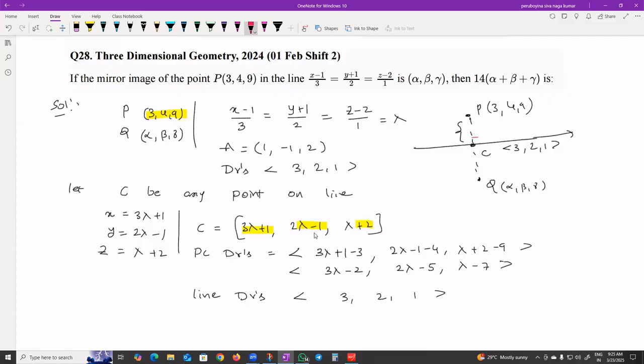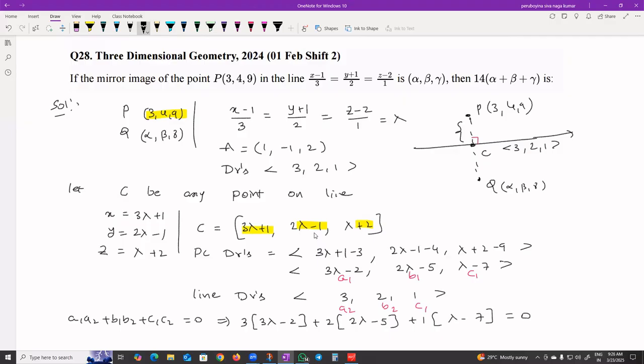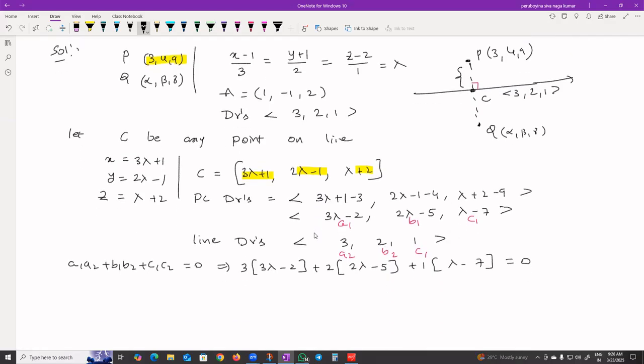Since both of these are perpendicular, say it is A1, B1, C1, DRs are generally mentioned as A1, B1, C1 and A2, B2, C2. And these are perpendicular to each other, so that A1, A2 plus B1, B2 plus C1, C2 should be 0. That means 3 times of 3 lambda minus 2 plus 2 times of 2 lambda minus 5 plus 1 times of lambda minus 7 should be equal to 0.